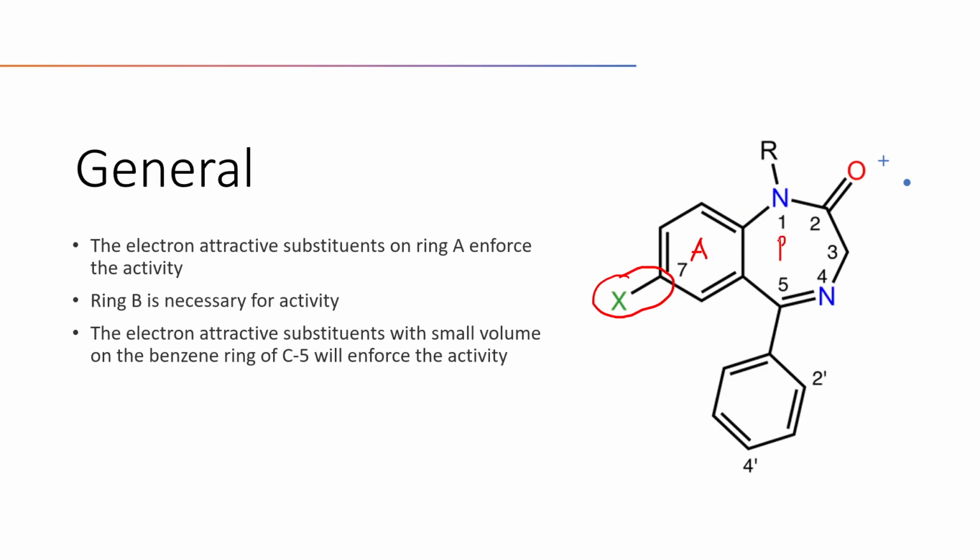Ring B is necessary for activity, meaning you can't change the substituents on B too much. And for ring C, the electron attractive substituents with small volumes on benzene ring of C5 can enforce activity as well. So let's go through it ring by ring.